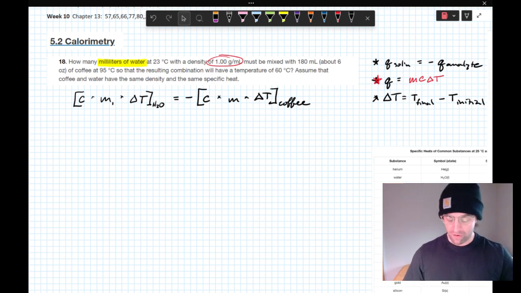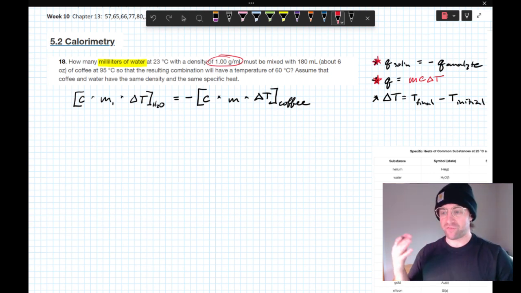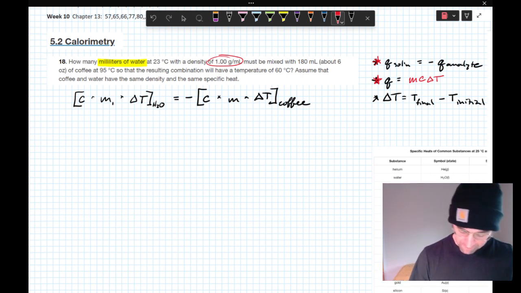We also need to know that when we are dealing with calorimetry equations, we're measuring the change in temperature of the analyte by measuring the solution. So we're measuring it indirectly. And this works because the heat of the solution is equal to the inverse of the heat of the analyte.